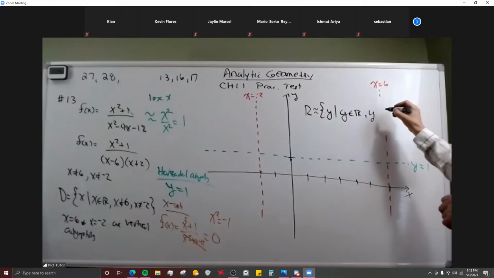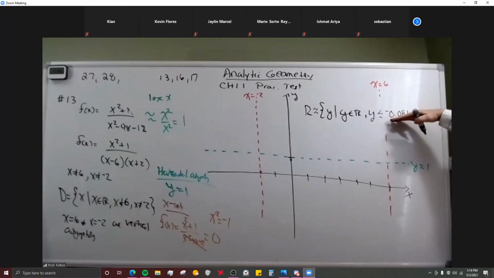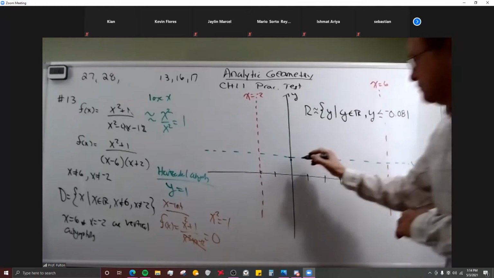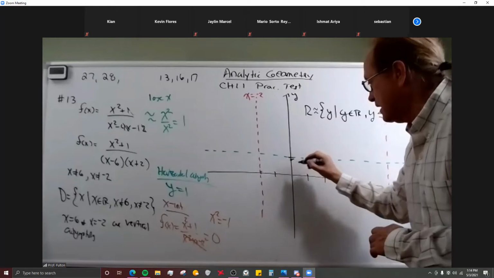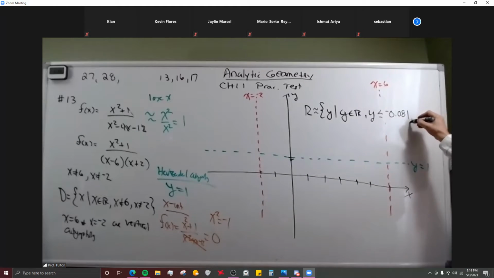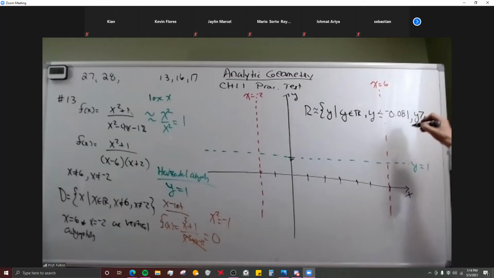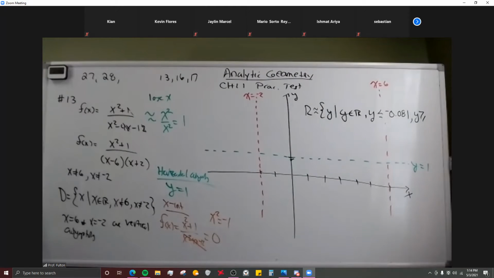So y is going to be less than or equal to negative 0.081. That's the highest point over here, over 0.083, and right over here 0.081, so it comes up very slightly. And y is greater than or equal to the other value, which is 0.769, if I'm not mistaken.